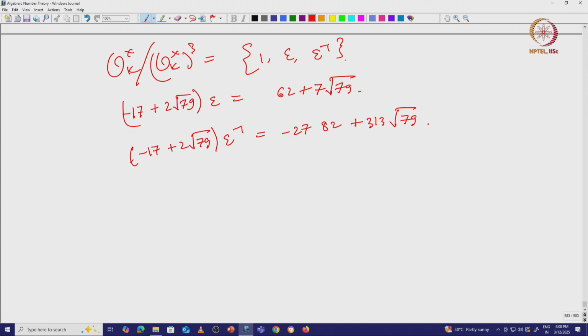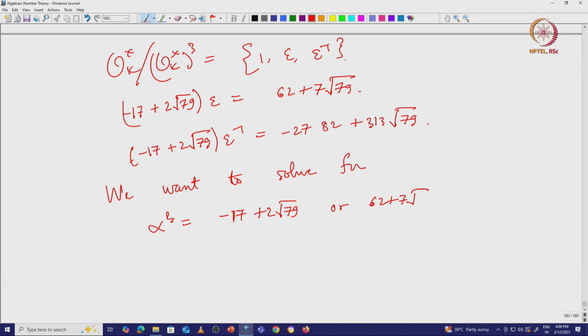And so, we want to solve for alpha cubed equal to minus 17 plus 2 square root of 79, or 62 plus 7 square root of 79, or 2782 plus 313 square root of 79.